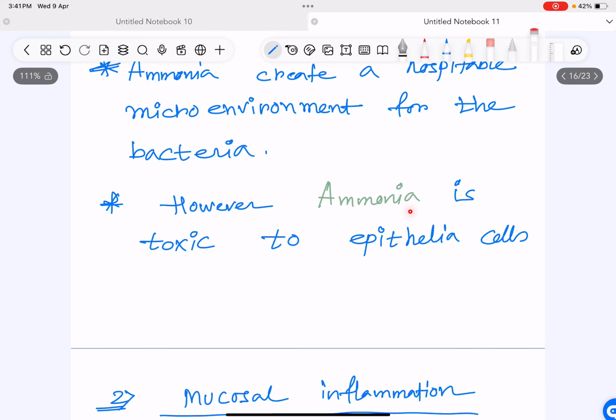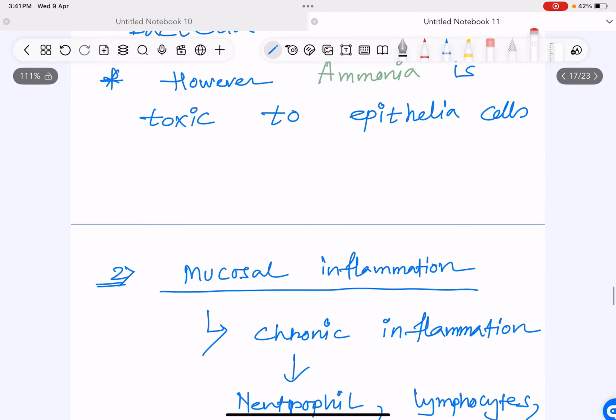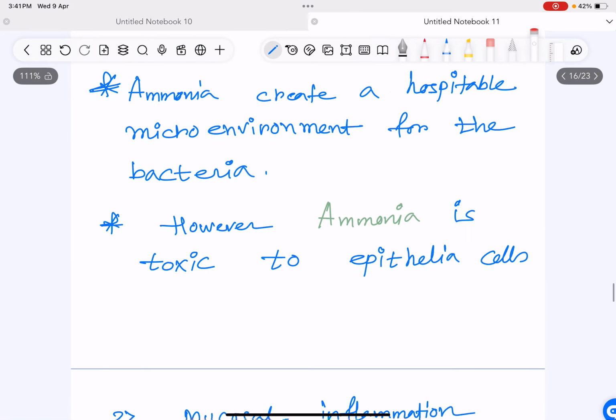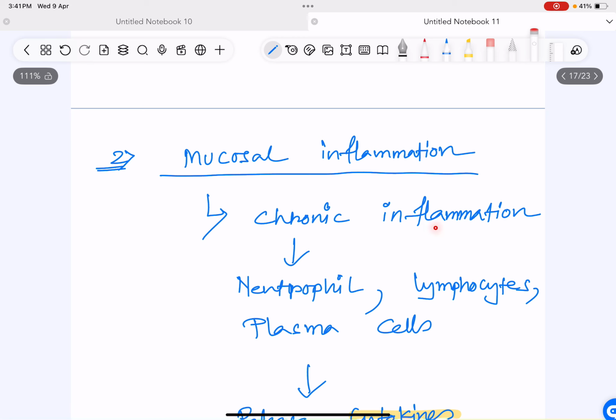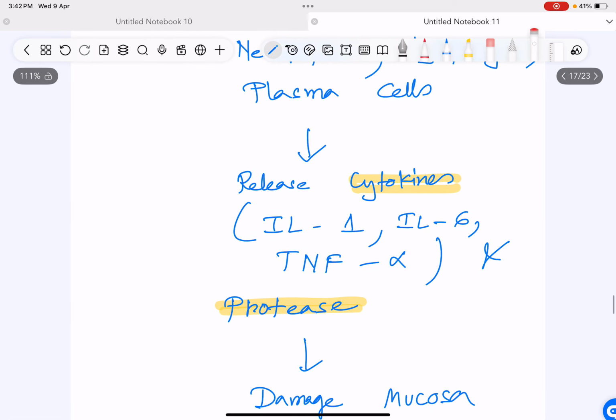However, this ammonia is not just providing a hospitable environment for the bacteria, it is also causing damage to the epithelial cells which line the stomach. Also, along with the urease, H. pylori causes chronic inflammation of the lining of the stomach and duodenum. This chronic inflammation brings a lot of inflammatory cells: neutrophils, plasma cells, lymphocytes.